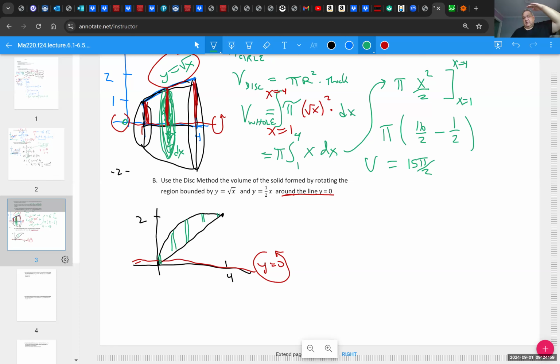They're all spanning this top part minus the bottom part. The top part is the square root of x function, and the bottom part is the 1/2 x function. So we know that the height of a rectangle goes between square root of x and 1/2 x. And as we know, to find the distance between two things, we just subtract.